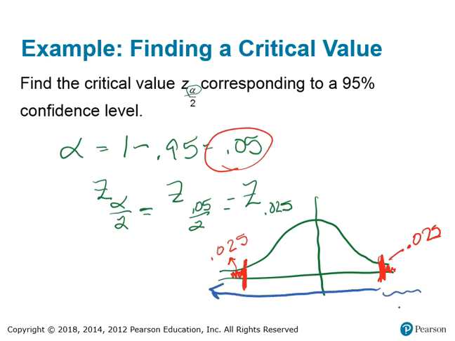So if this piece is 0.025, then all the way down is going to be 0.975. Now I got that from doing 1 minus 0.025 must be the leftover, which is all the way down. This is the number, this 0.975, that I'm going to look for on my chart.